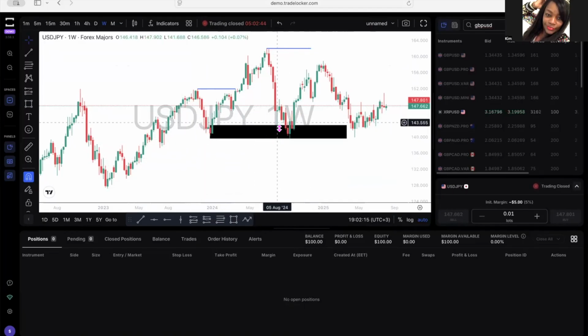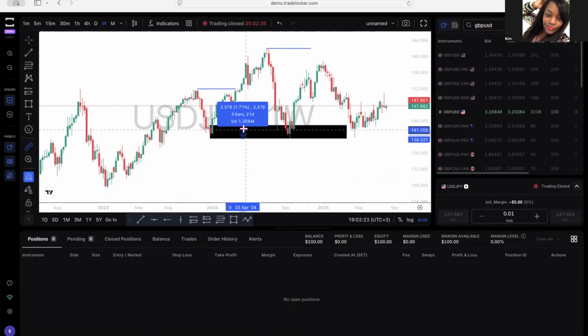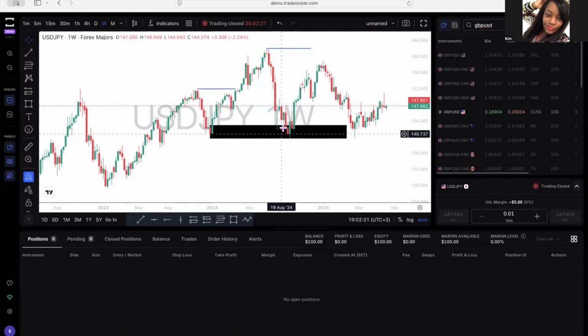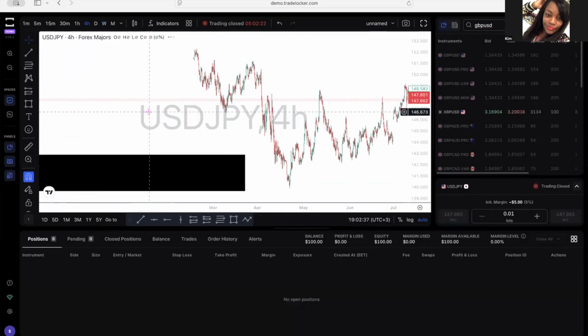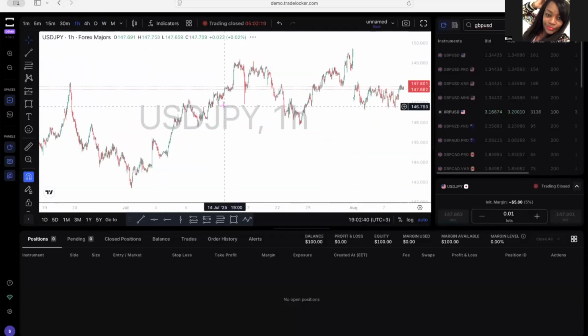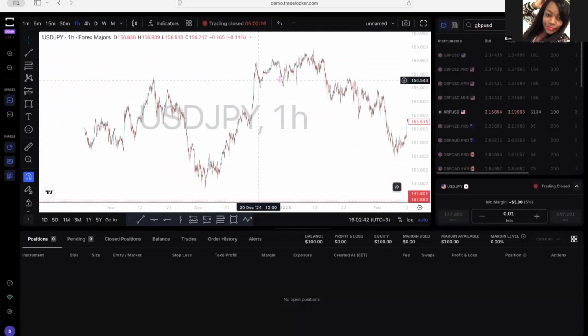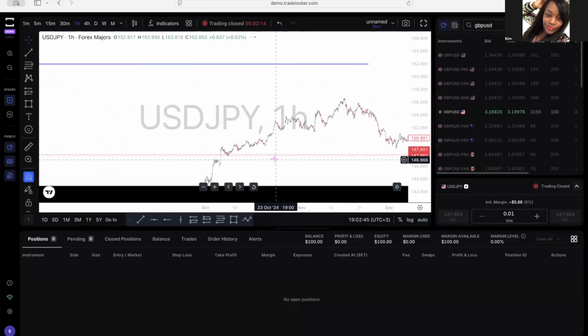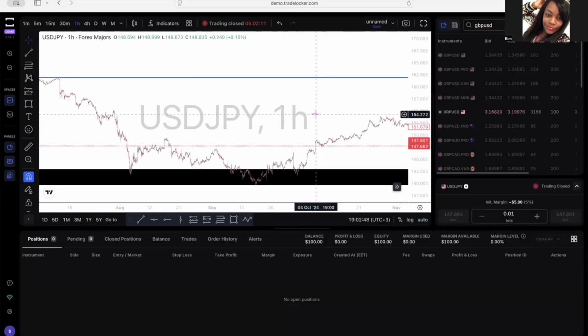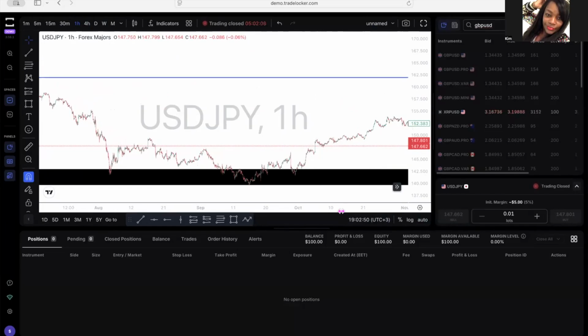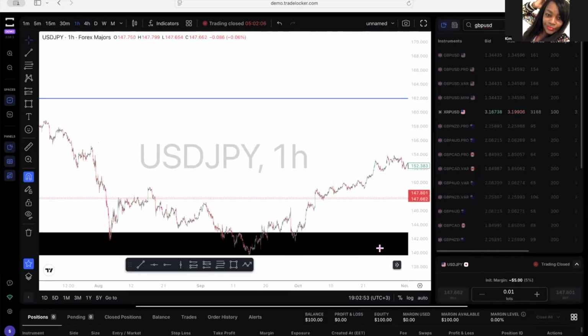So once price got into your zone, of course, if I go down in time frame, I can narrow down this zone here. That's too many pips to be trading, right? But once price gets in your zone, you go down in time frame, and I'm just going to go to the hour because that's where I'm always sitting, right? So once you go down in time frame, let's see if I can make this a little bigger.